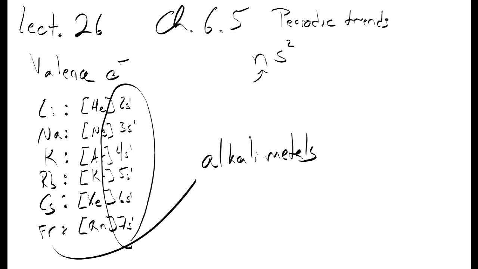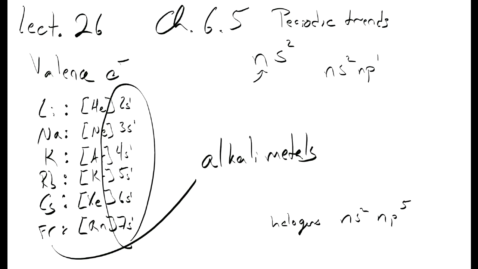N just being the energy level, or the row of the periodic table for that particular element. For the boron group, you have Ns2, Np1. The halogens are all Ns2, Np5.